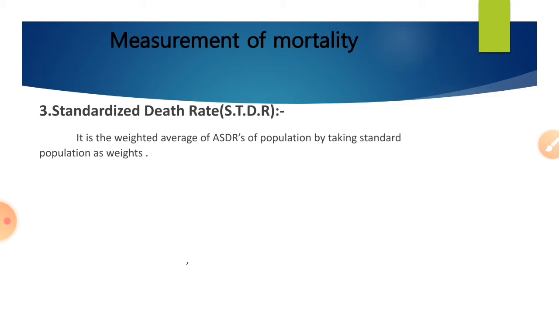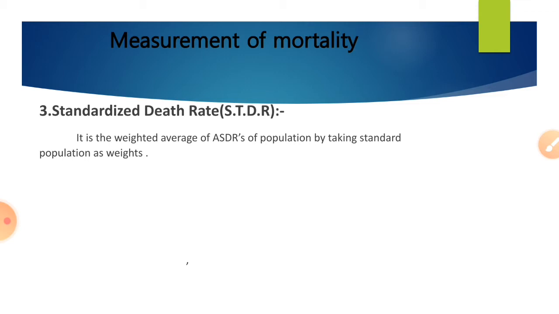So when you compare these two populations, we will not get the correct answer, because here we don't have one standard population. So here we will consider a standard population. That standard population will be referred to as weights.